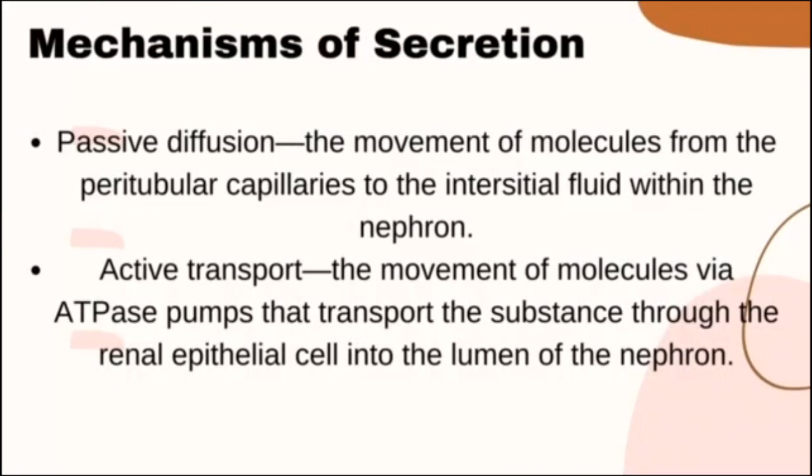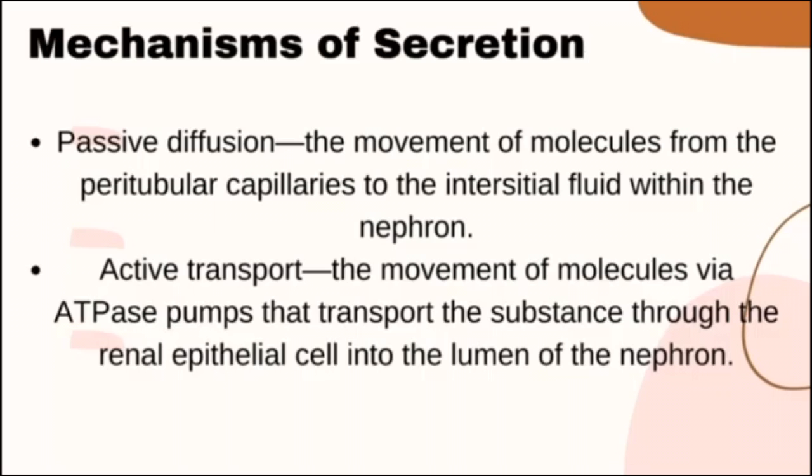Now, the mechanisms of secretion. The mechanisms by which secretion occurs are similar to those of reabsorption. However, these processes occur in the opposite direction, and they are passive diffusion and active transport.